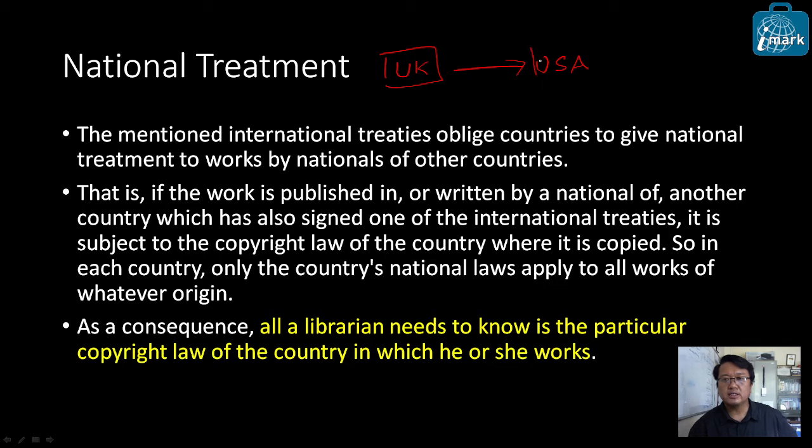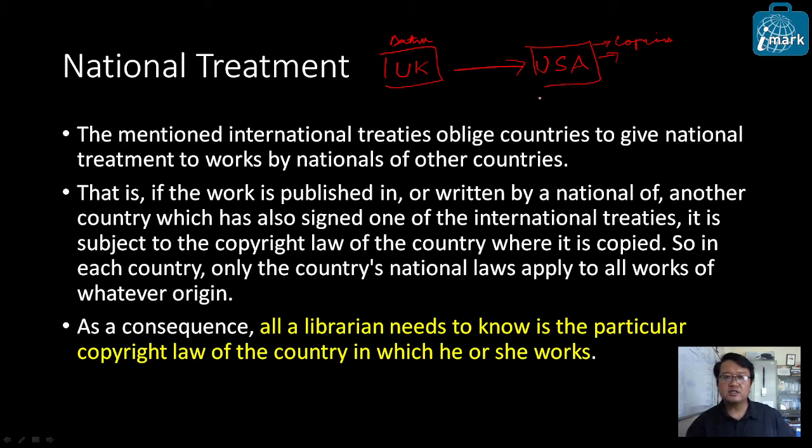So in the United States, you could violate the copyright law and make copies after copies without the consent of the author or the copyright owner in the United Kingdom. They could even change the name of the author, but this would not be admissible as an offense in the court or legal institution of the United States. So such was the case.